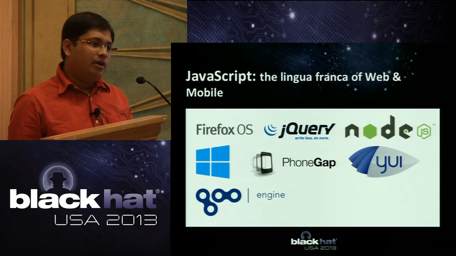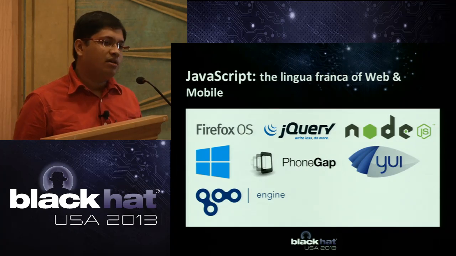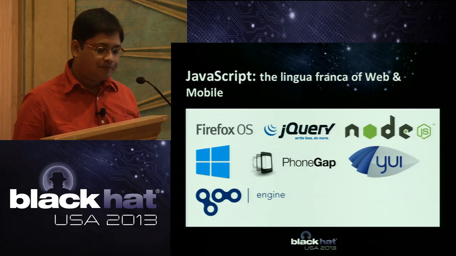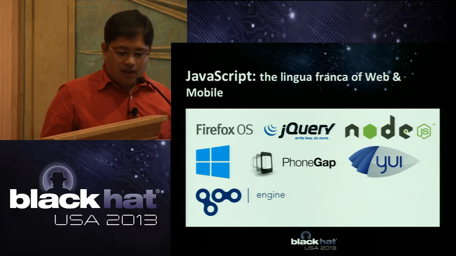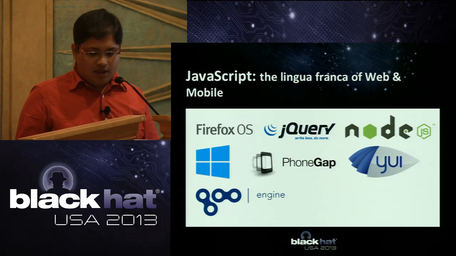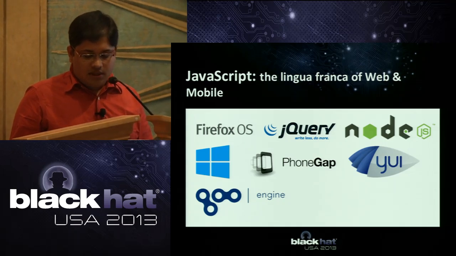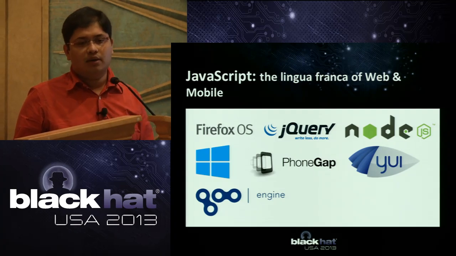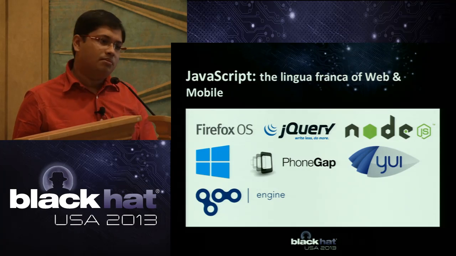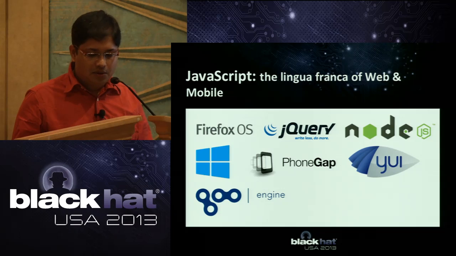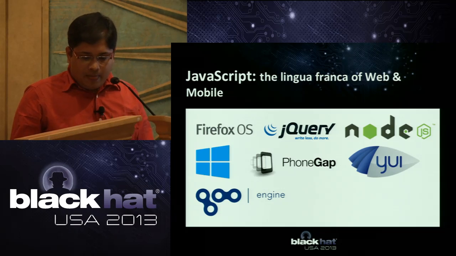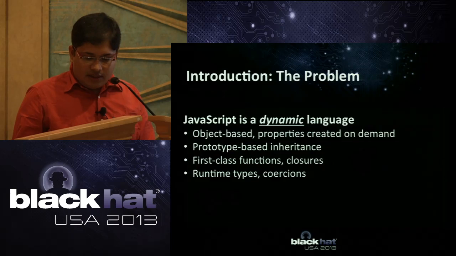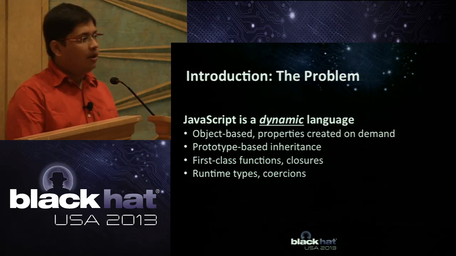It's almost everywhere, be it client-side, server-side, or on mobile phones. It's becoming the de facto language for developers, because they need to know just one language and they can program whatever application they need to or feel like. So that's about it. What is the problem with JavaScript, then?